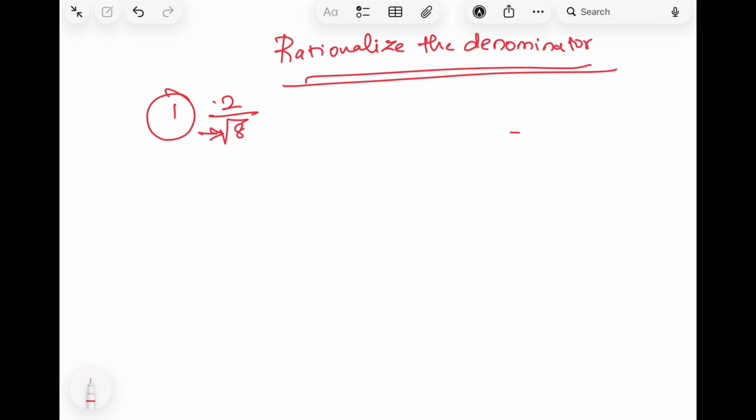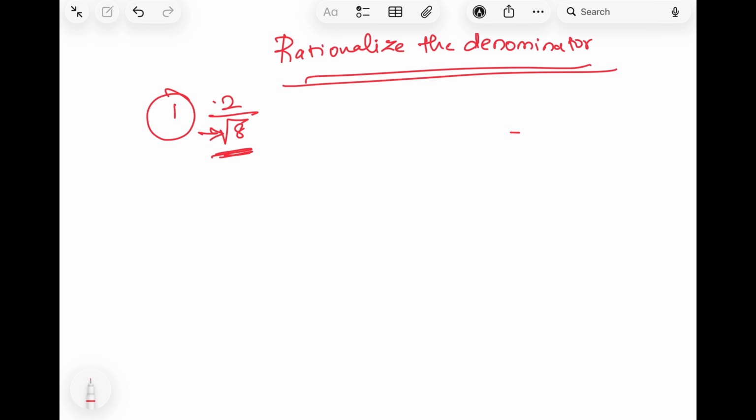So we will rationalize, meaning we will get a rational number in the denominator. That's why they are telling us to rationalize the denominator, because it has a surd and we need a rational number. So what do we do? Just multiply the numerator and denominator again with the same surd.